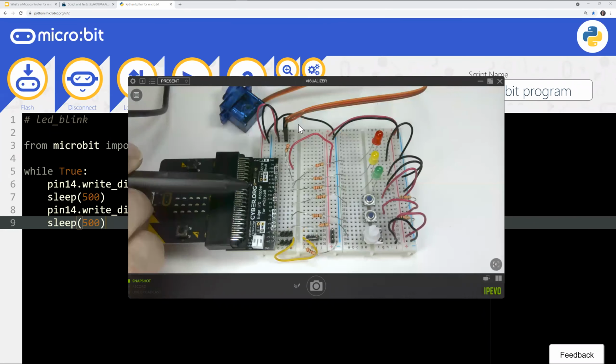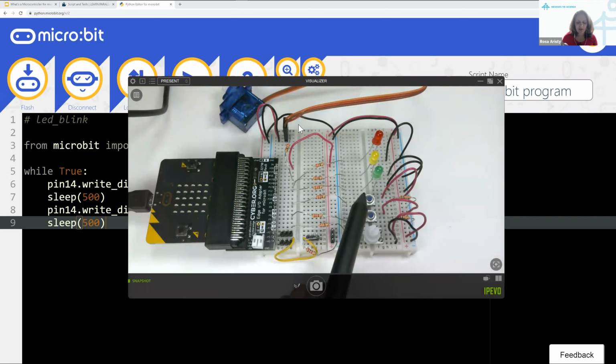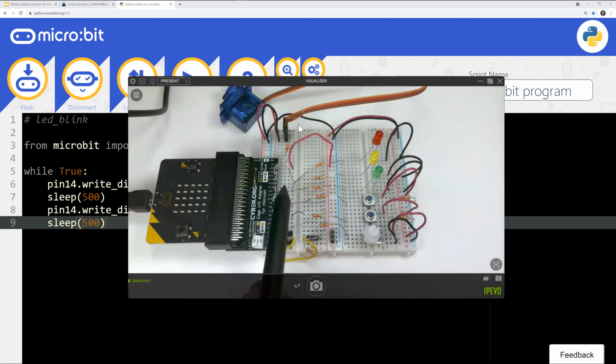Okay, here we go. If you follow from P13, make sure that you have a resistor in the P13 row, and then that should go over to a green LED. And then if you look back over at P14, go right from there, there should be a resistor going to the yellow.